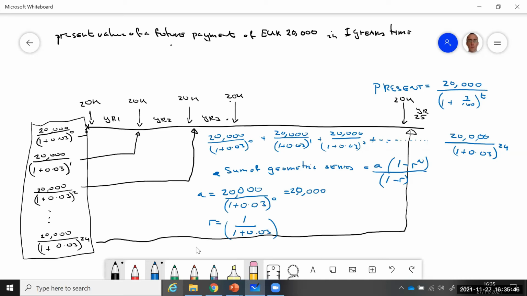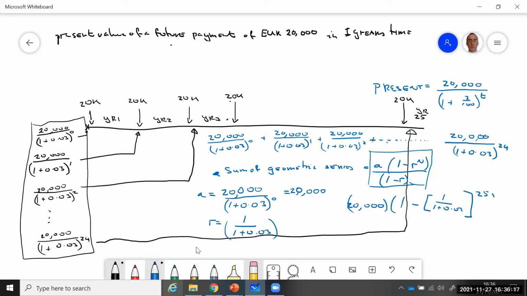So we sub that into this formula. We have 20,000 multiplied by 1 minus r to the power of n, where r is 1 over 1.03, and n is the number of terms, which is 25.